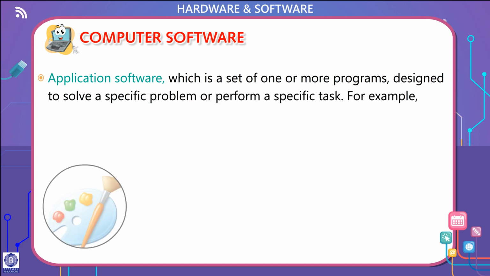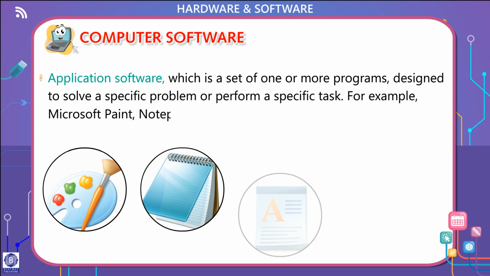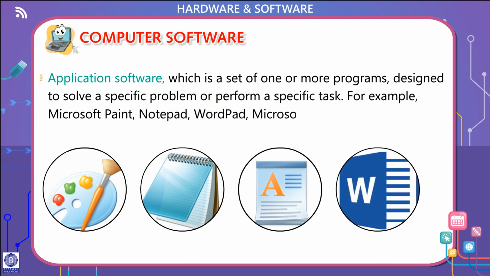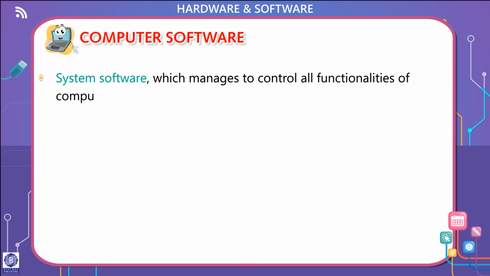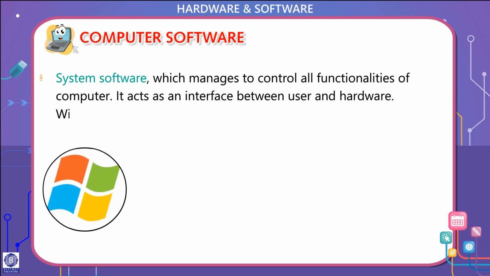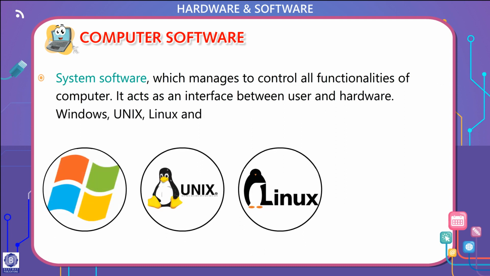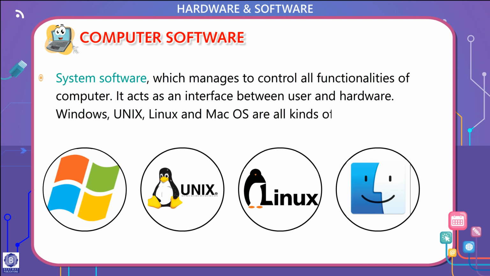For example, Microsoft Paint, Notepad, WordPad, Microsoft Word, Calculator, etc. System software, which manages and controls all functionalities of the computer. It acts as an interface between user and hardware. Windows, Unix, Linux, and Mac OS are all kinds of operating systems.